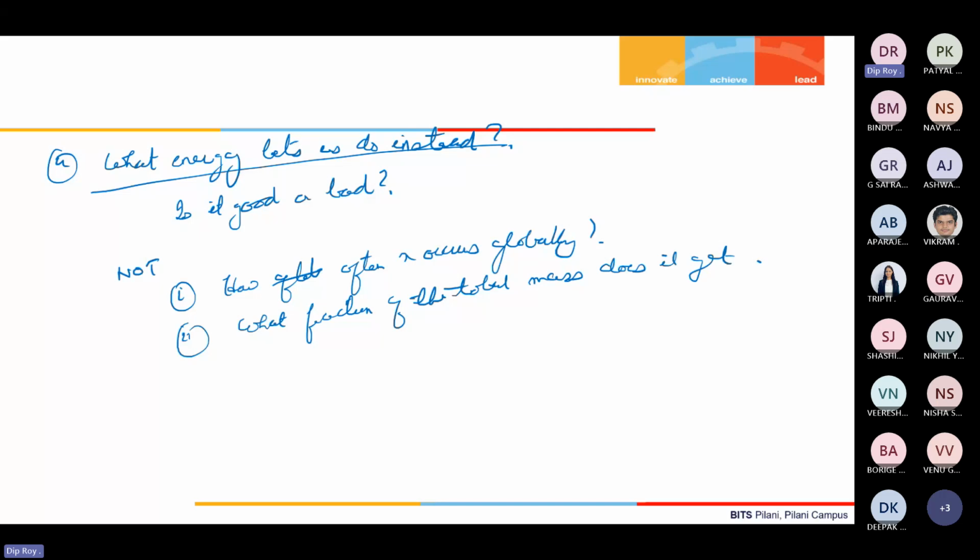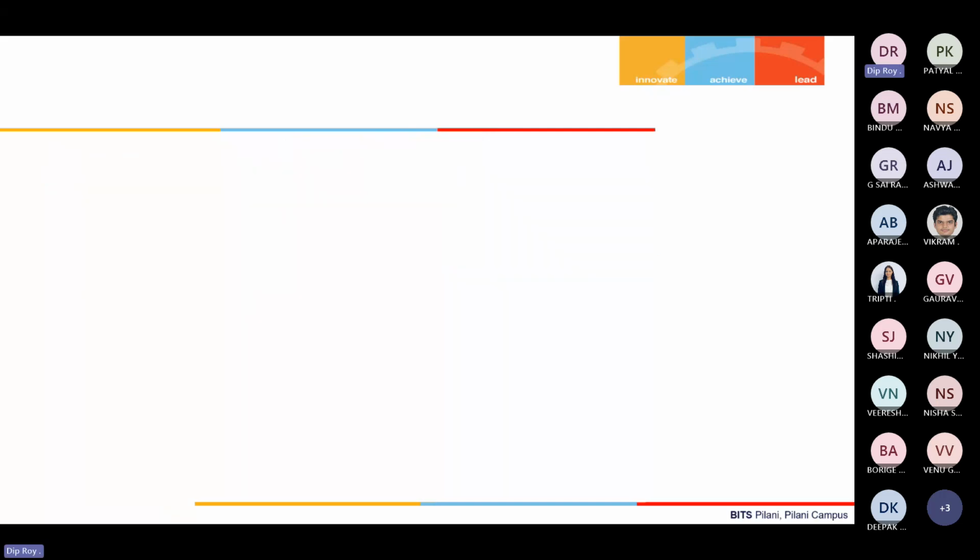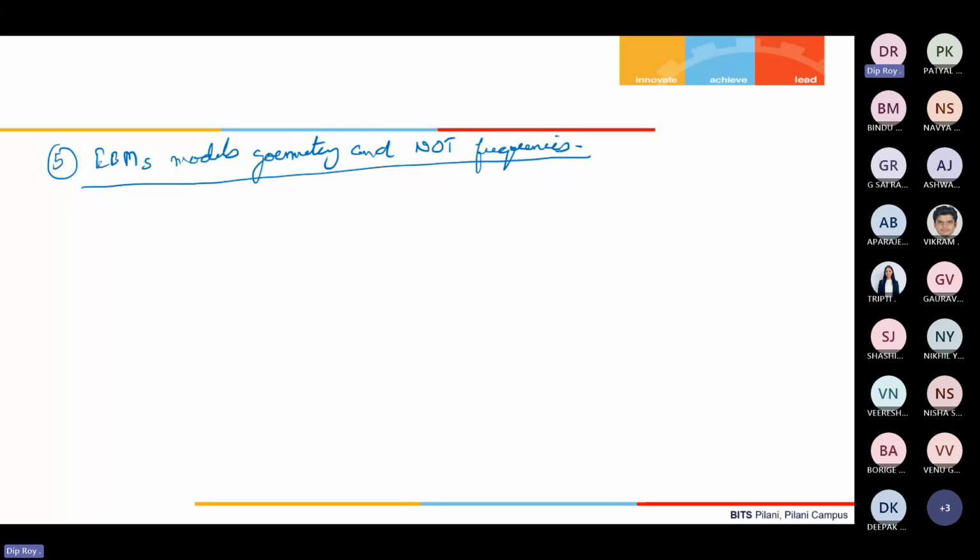Now, the key thing you need to remember is that EBMs model geometry and not frequencies. What do we mean by that?